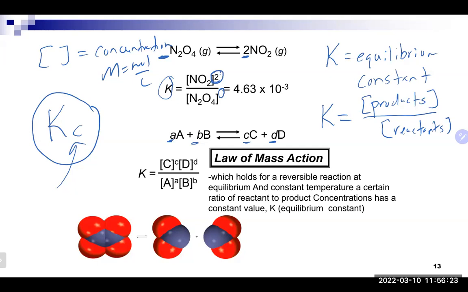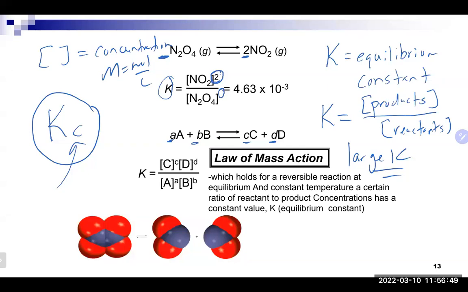Okay, so what does the equilibrium constant really tell us? Well, first off, one good thing about the equilibrium constant is there are typically no units associated with it. So it is just a number. If I had a large value of K, what would that tell me when I reach equilibrium?